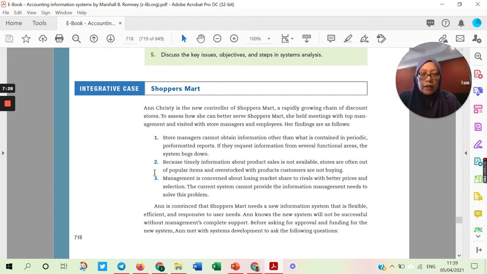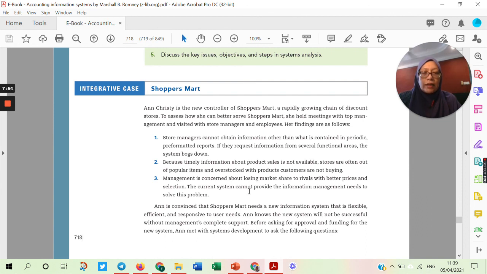Okay, the second reason is actually timely information. When they need information, the information is not available. And also because of competitive advantage, whereby the management is concerned about losing market share to rivals with better price and selection.